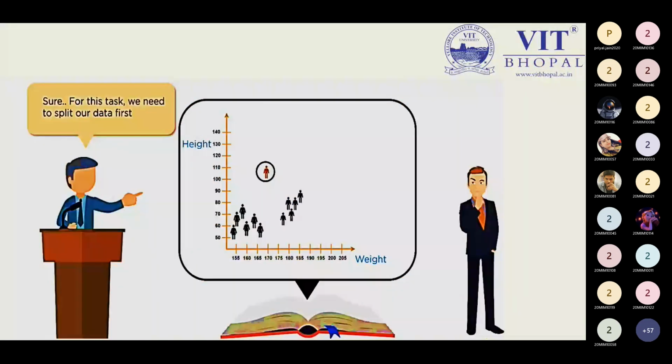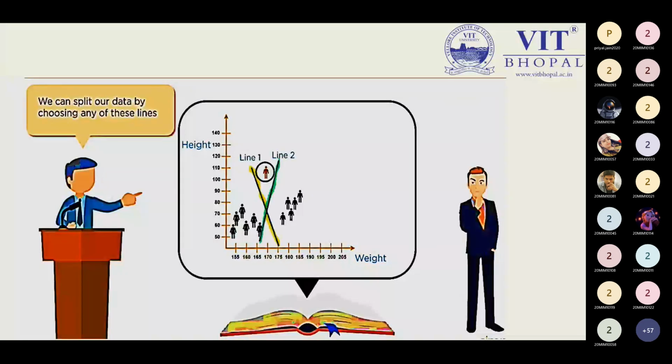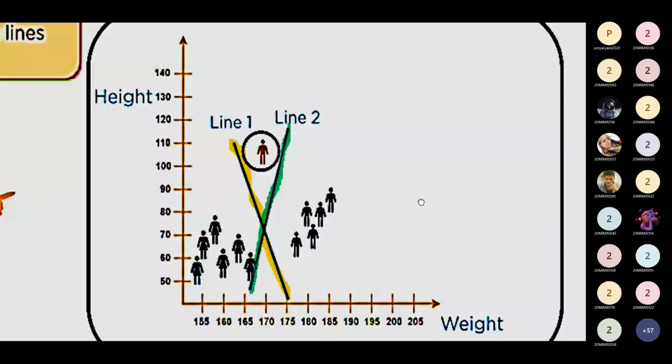For this task, we need to split our data first. We can divide our data into two parts. The support vector machine uses a hyperplane or line to distinguish or split our data.